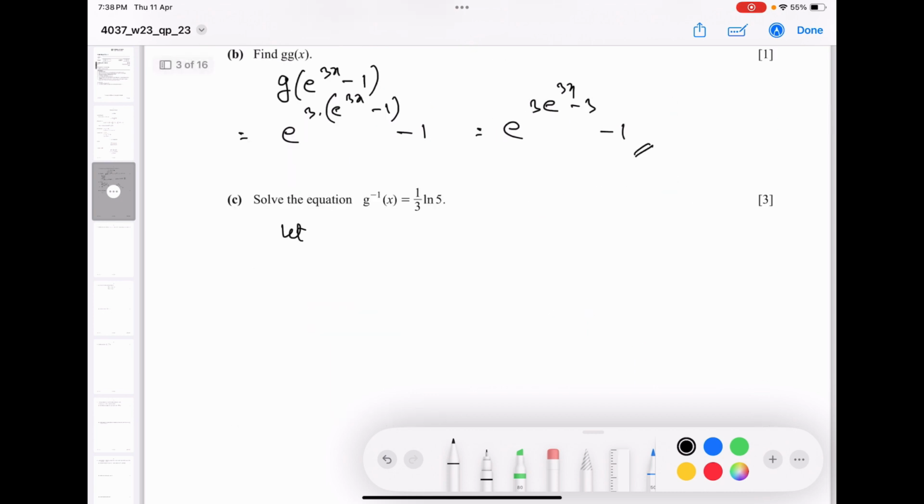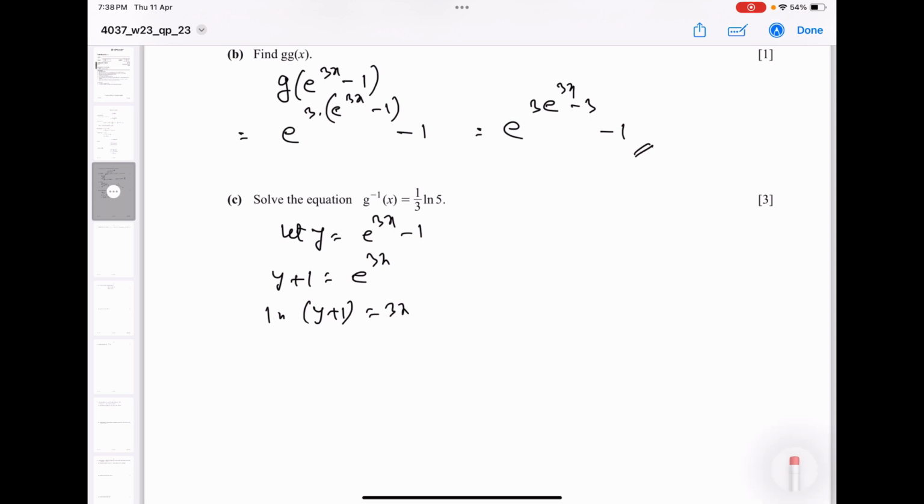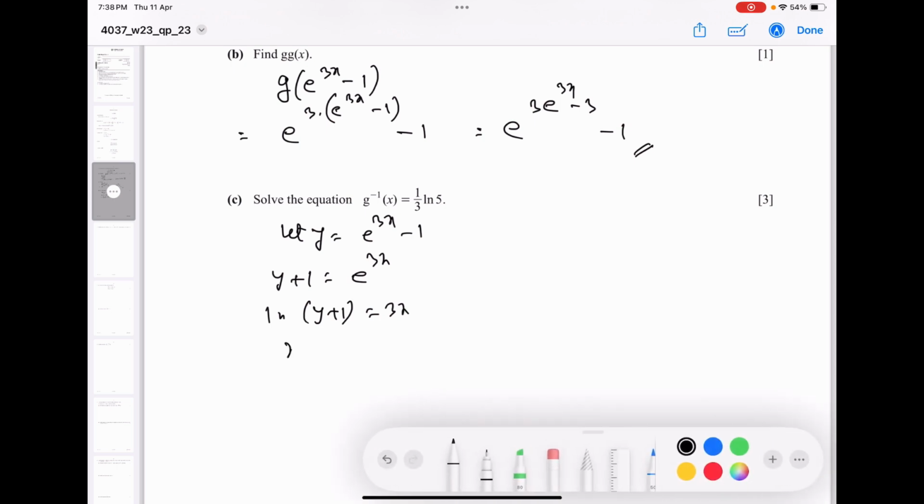Let y equal e to the power 3x minus 1. y plus 1 equals e to the power 3x, and e is shifted, so ln(y plus 1) equals 3x, x equals 1 by 3 ln(y plus 1).